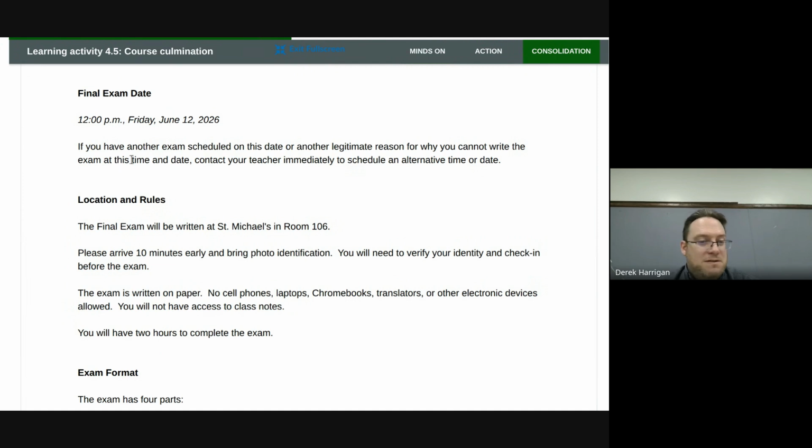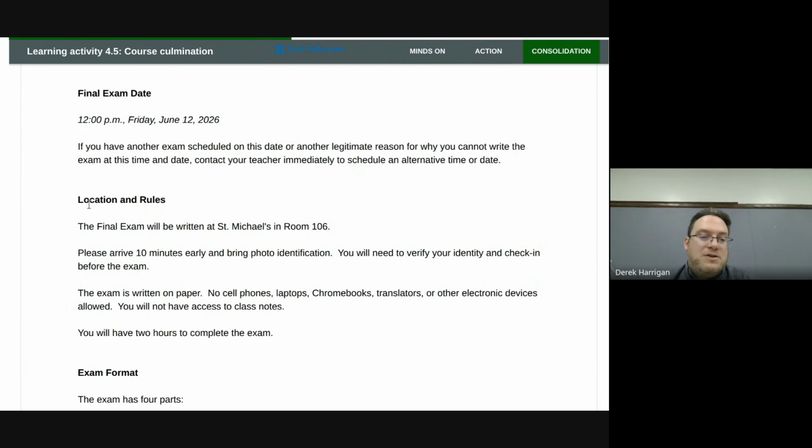If there's an extreme and legitimate reason why you cannot attend at this time on this day, it's extremely important that you let me know as soon as possible, and we can try to make an alternative time or date. Again, it's very important that you are here at 12 noon on Friday, June 12th. If there's any reason you can't, it's something that you, I, and probably the vice principal will have to discuss, so let me know right away if there's an issue.